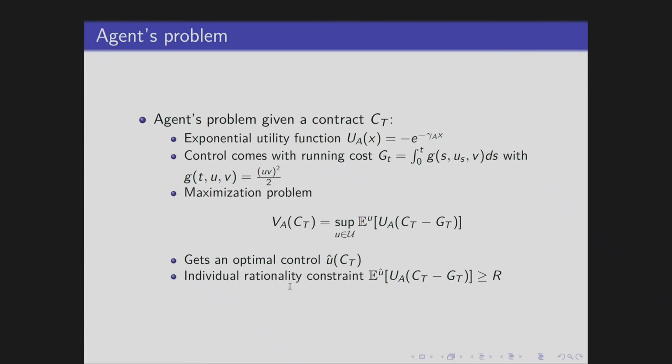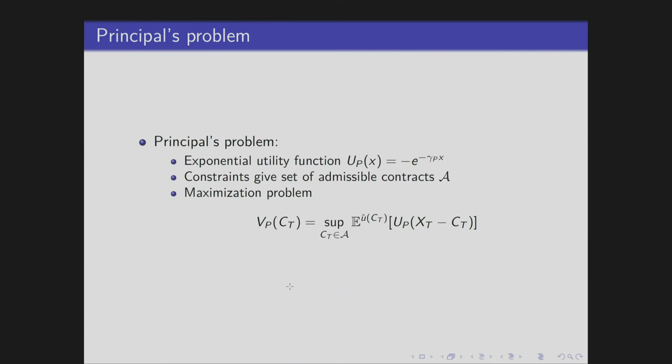So then the principal's problem is, again, we introduce a new utility function that is also exponential, but it has another constant in it, which shows the different conceptions of the agent and the principal. And then we have a set of admissible contracts which need to fulfill that there is an optimal control for the agent, and the individual rationality constraint has to be fulfilled for the agent.